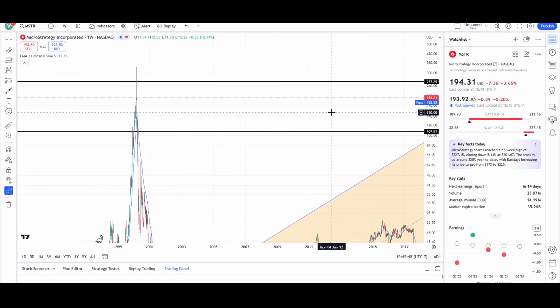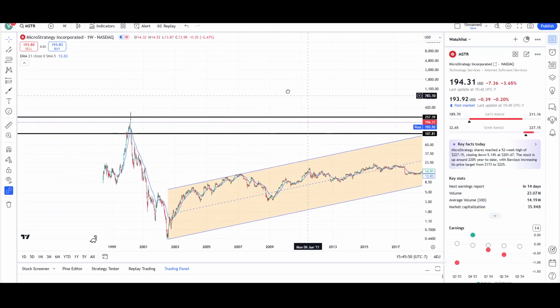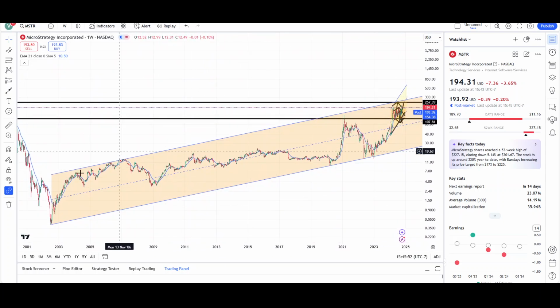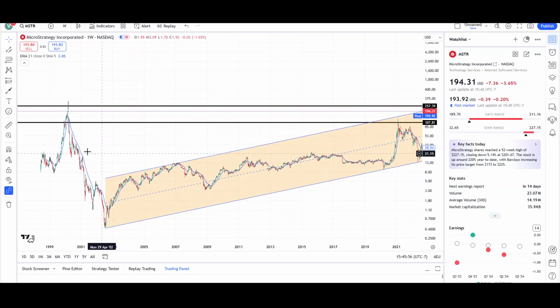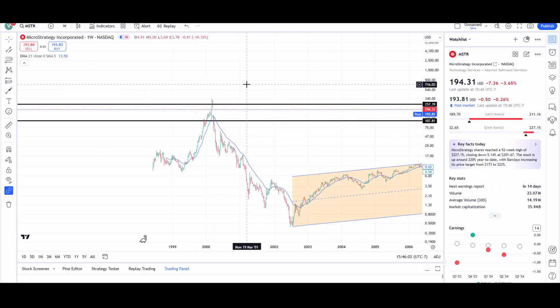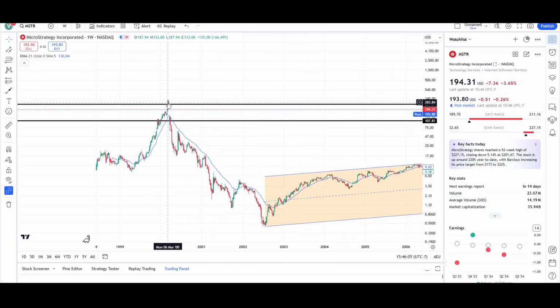And then, did we make a new all-time high on this chart? We haven't made a new, basically 20-year high, or you could say almost a 25-year high, but it did not surpass its prior high in March of 2000, which was right around that 324 level, including that stock split.